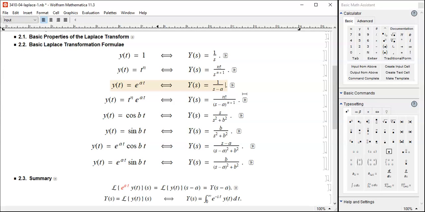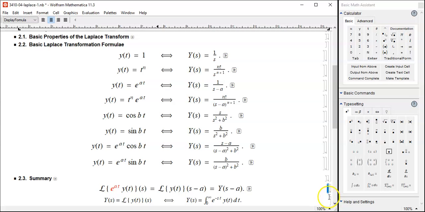Now please note that this is e to the at times 1. That fits into this category right away. Maybe I should increase the font.